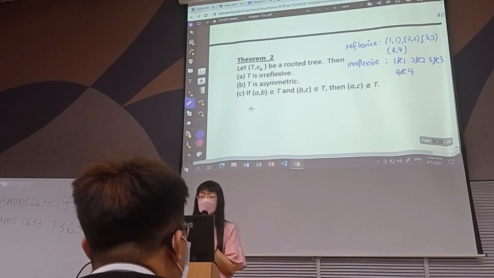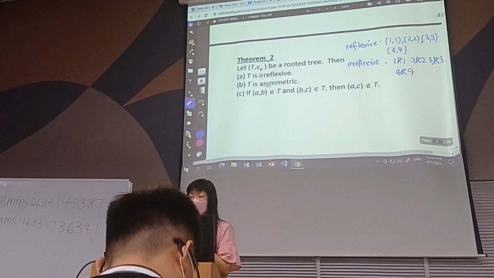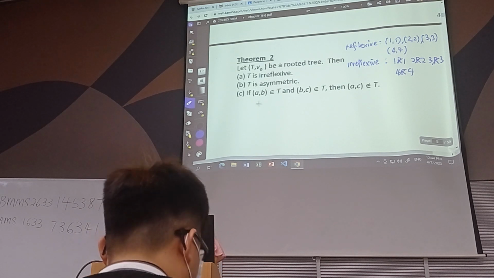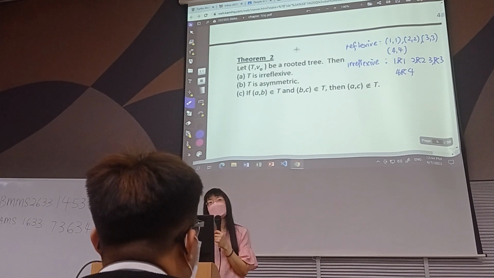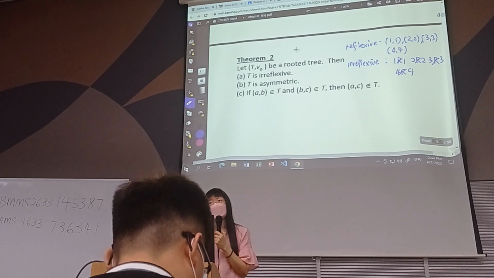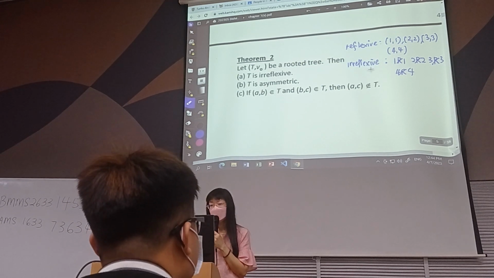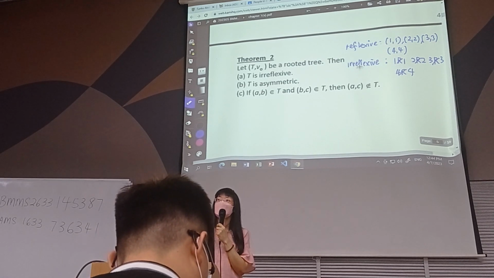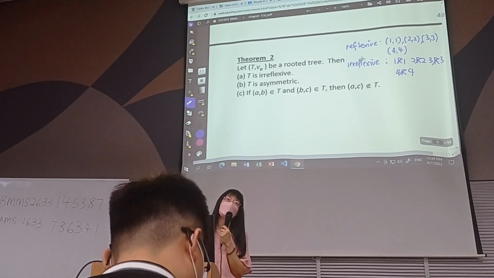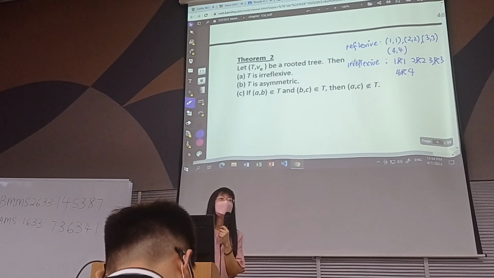The second one is T is asymmetric. What is asymmetric again? Remember? Recall back, what is asymmetric? Can it have two ways or not?